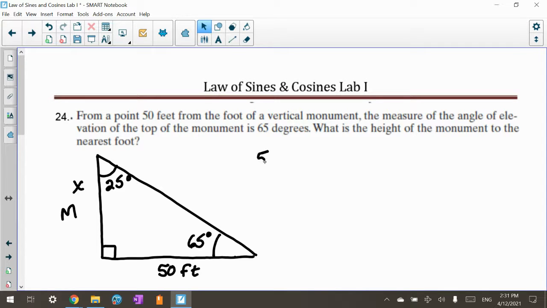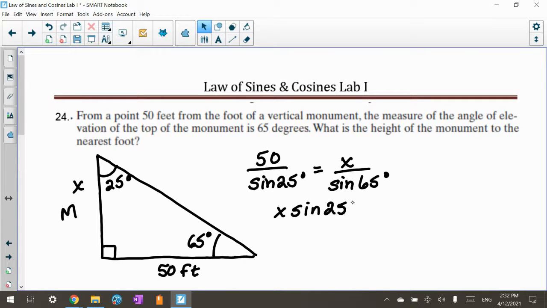So I could say, oh, 50 is to the sine of 25 degrees as my monument X is to the sine of 65 degrees. Okay, that's cool. So I can go through and cross multiply. So I have X times the sine of 25 degrees equals 50 times the sine of 65 degrees.